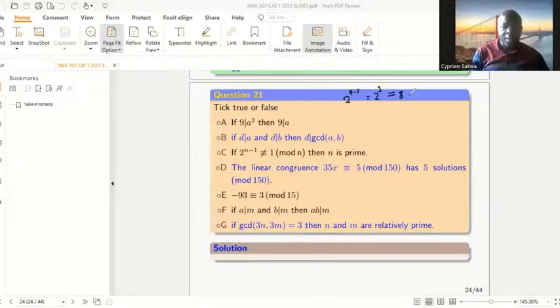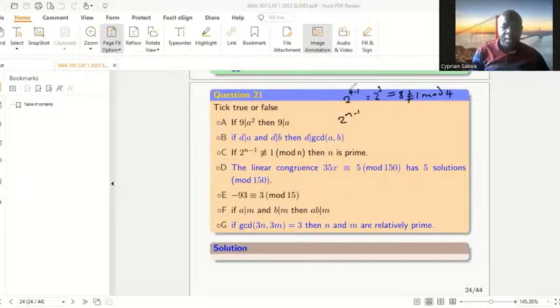But 8, I can see, is not congruent with 1 mod n, and n in this case is 4, because it's 2 raised to n minus 1.